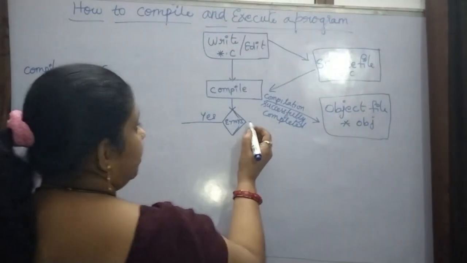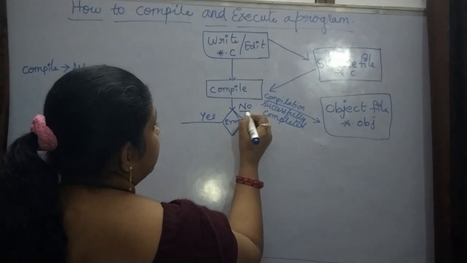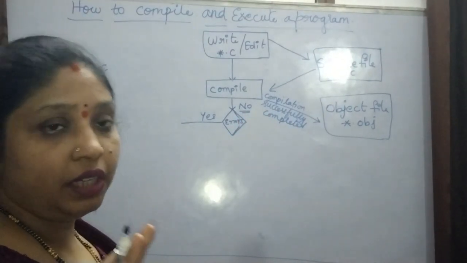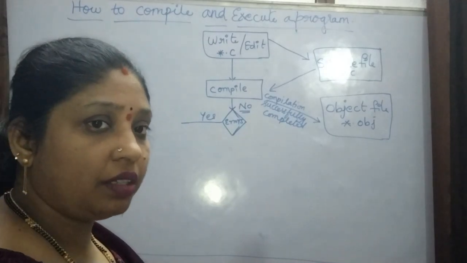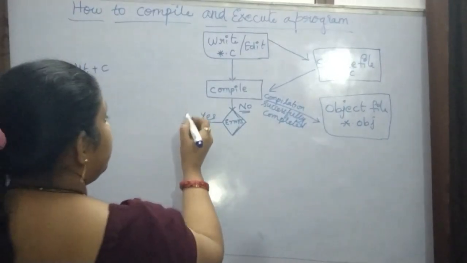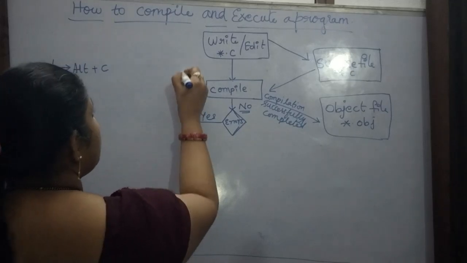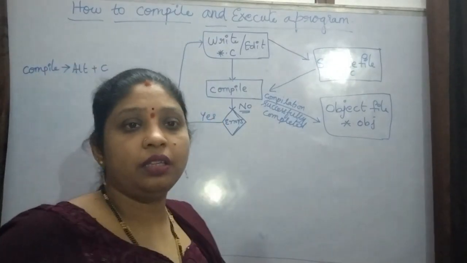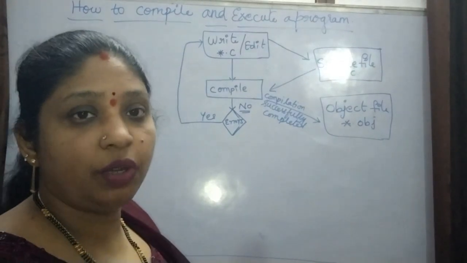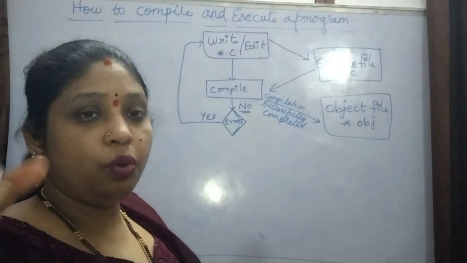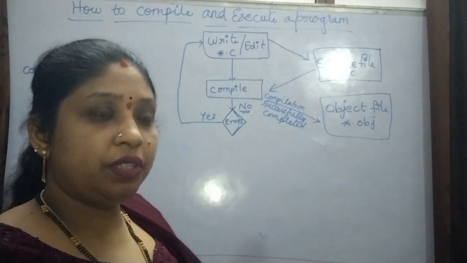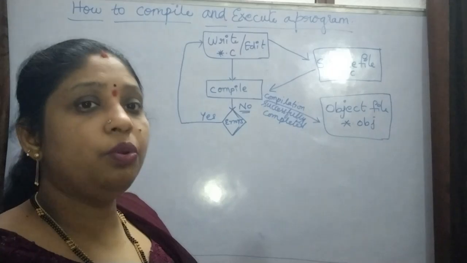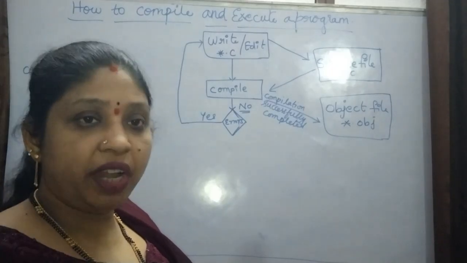Now, if there are no errors... else if that program has errors, then you have to go to the source code again. The system will not go; we have to go to the source code where you have saved it with the file name. You have to open it, that means you have to edit it.